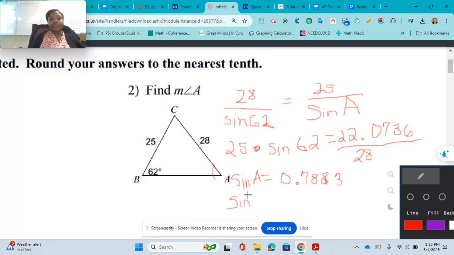Sine inverse of that answer, 0.7883, and when we plug that in, that would give us our answer.